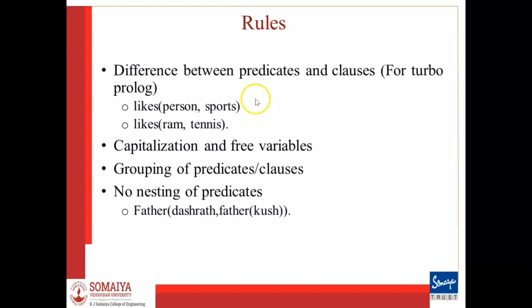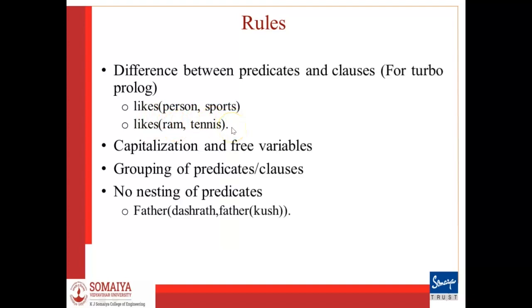So rules, how do we differentiate? When writing the rules, one has to figure out the difference between predicates and clauses, which is more important for writing Turbo Prolog programs. The predicate does not end with a period and expresses relationship between the variables which have been declared, and the clause would contain definite information and that's why would have the constant values and would end with a period.